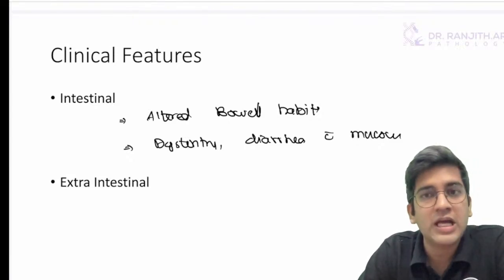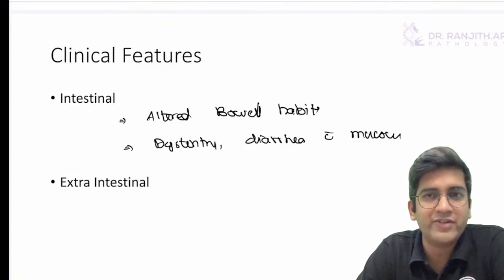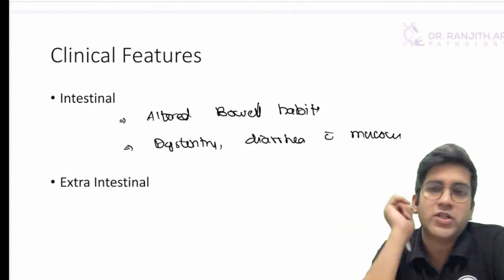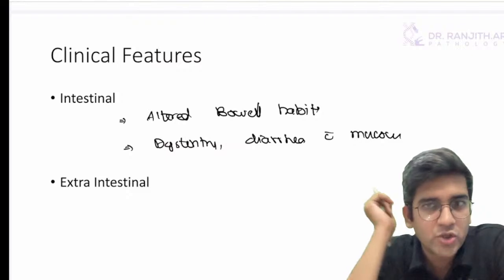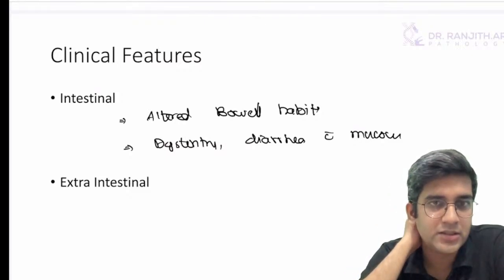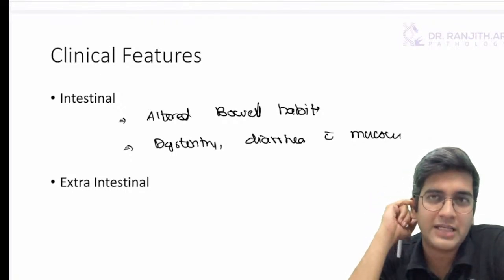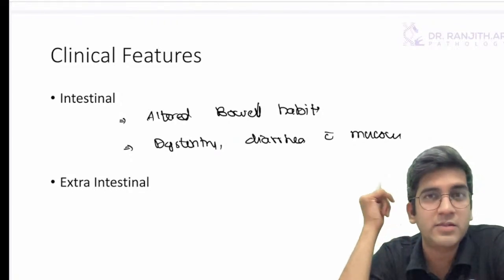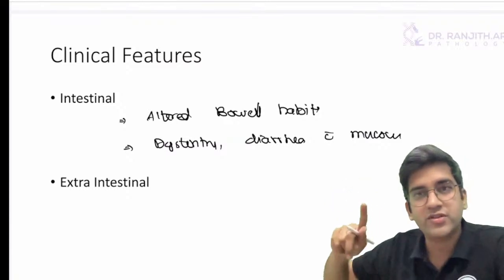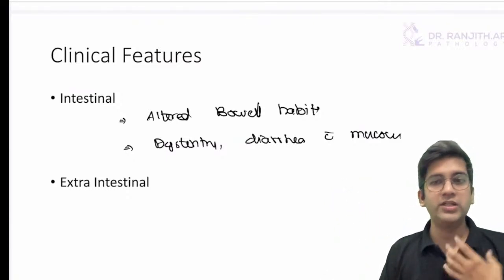Extraintestinal manifestations are common in both ulcerative colitis and Crohn's. A few things I'm sure we have read. Did we come across something called primary sclerosing cholangitis? Have you read that? Primary sclerosing cholangitis, ulcerative or Crohn's? More commonly seen in patients with ulcerative colitis, right? Because the antibodies can go from the GIT to the liver and cause damage.